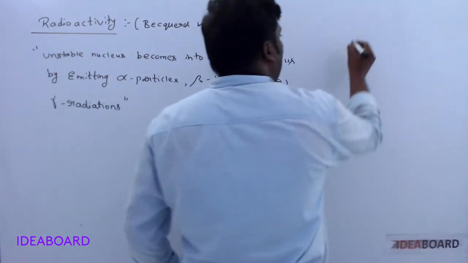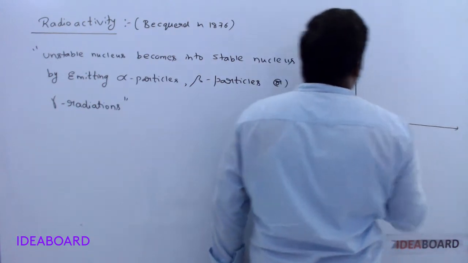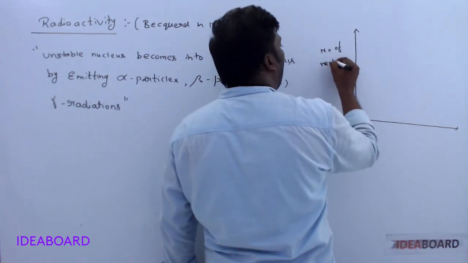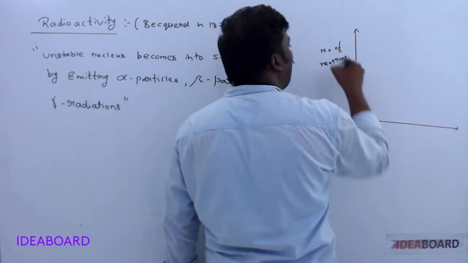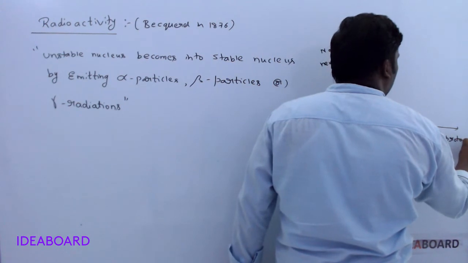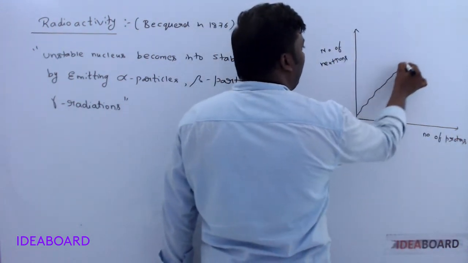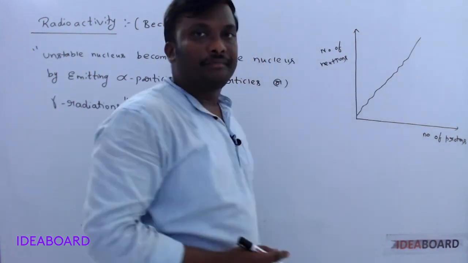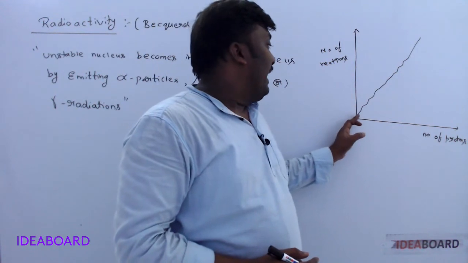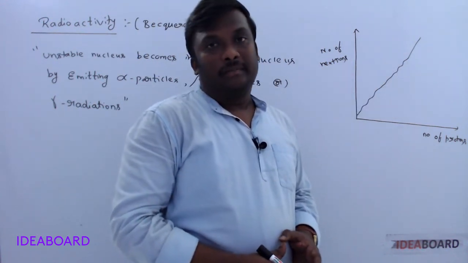Let us see. For nuclei, we can draw a graph between number of neutrons and number of protons. For all the nuclei, the graph will come like this. The nuclei which lie on this line have more stability.